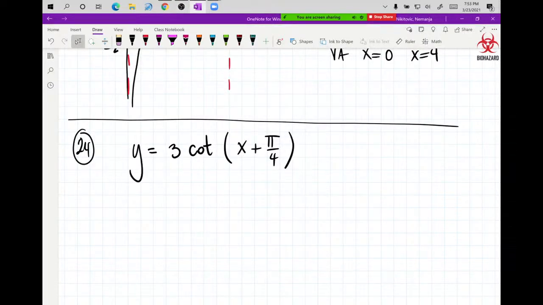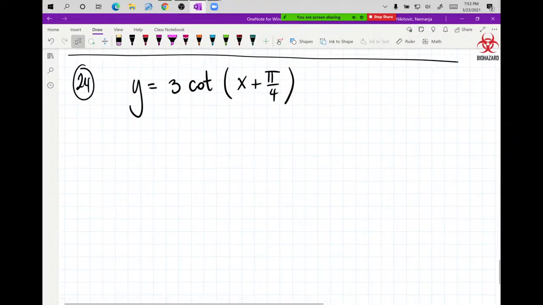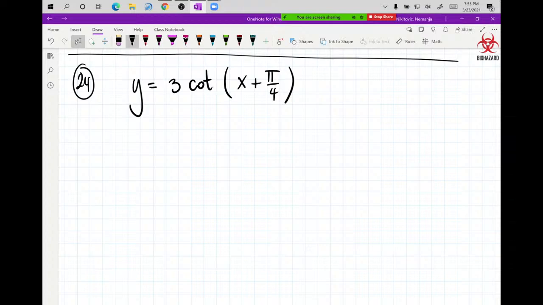All right, let's check the work. A is equal to 3, B is equal to 1, and we just need D, and D is 0.